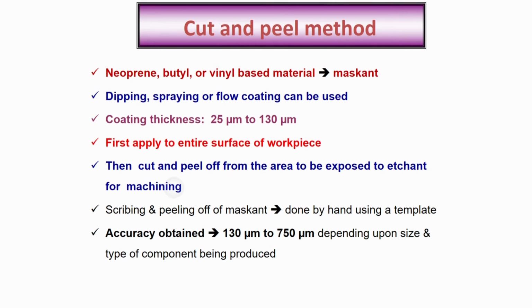After that, the maskant is cut and peeled off from the area to be exposed to the etchant for machining. Scribing and peeling of the maskant is done by hand using a template. The accuracy obtained by this cut and peel method is 130 micron to 750 micron, depending upon the size and type of the component being produced.